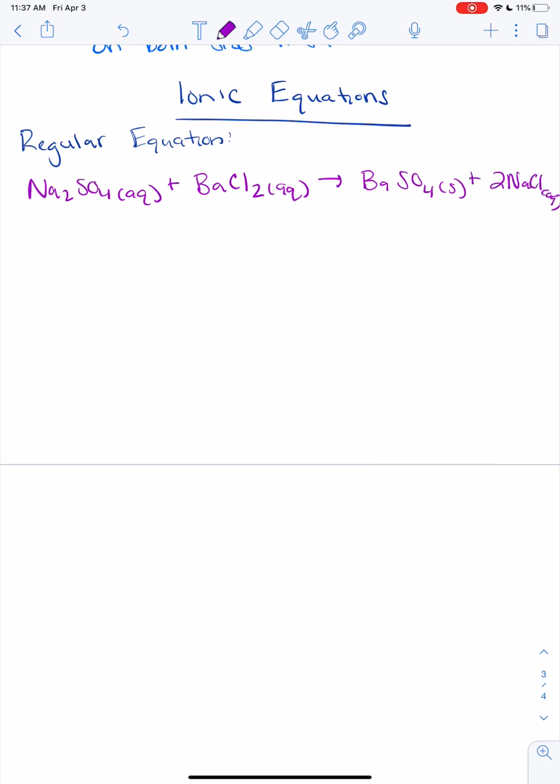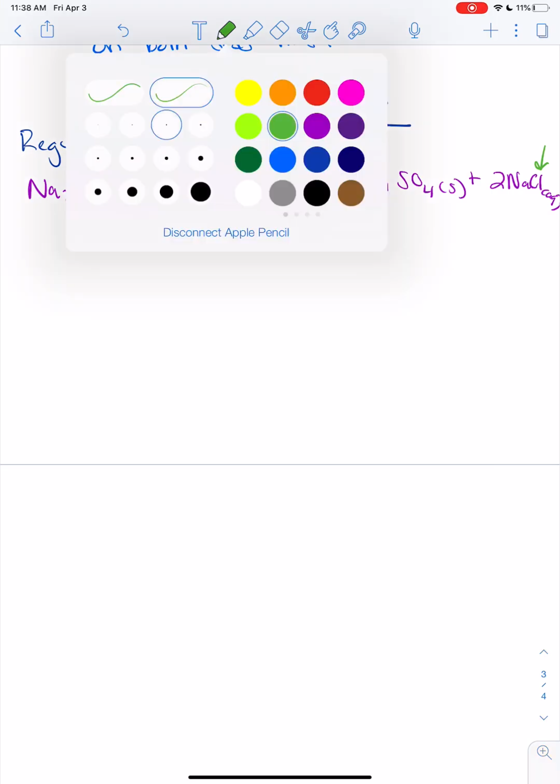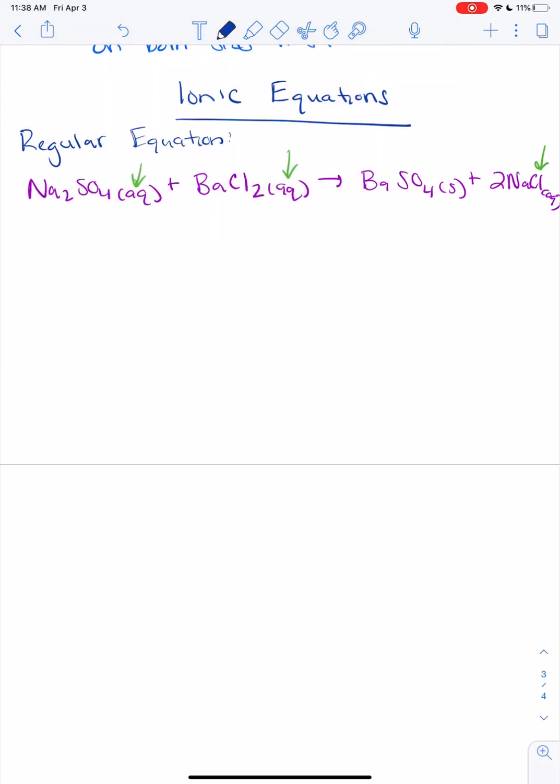Okay. When we have things that are in the aqueous state, so our sodium sulfate, our barium chloride, and our sodium chloride, what that means is it's going to break down into its individual ions, okay? Because when you put them in water, the ions are going to separate. So now we can rewrite this as what they call a complete ionic equation.